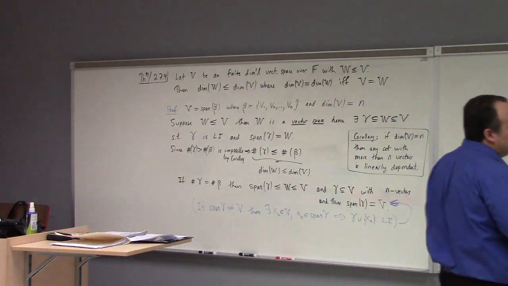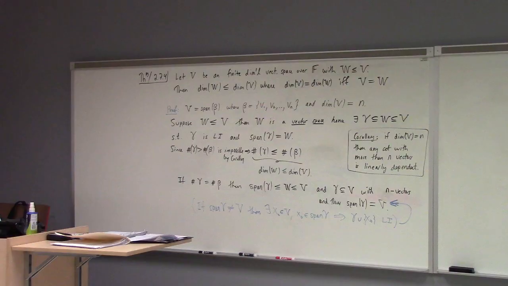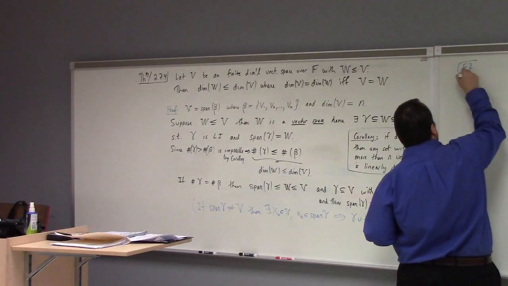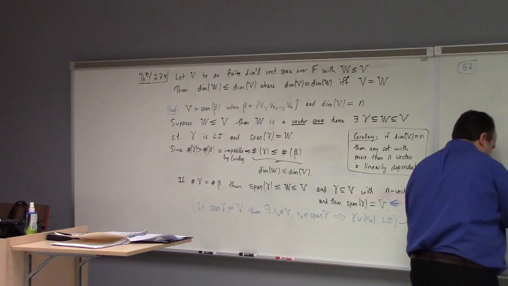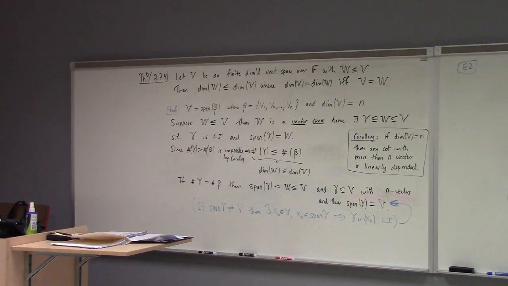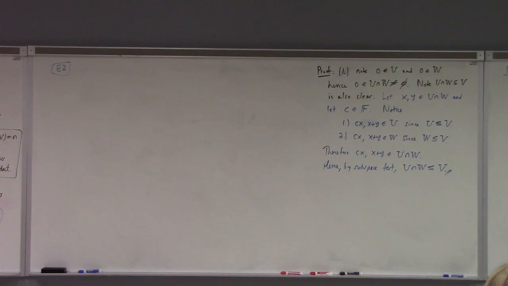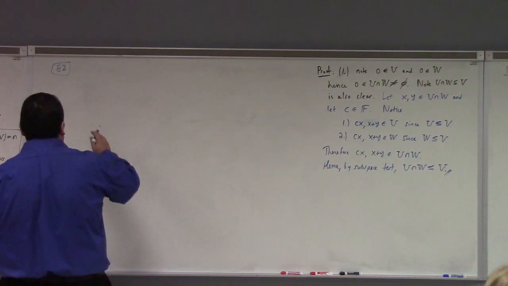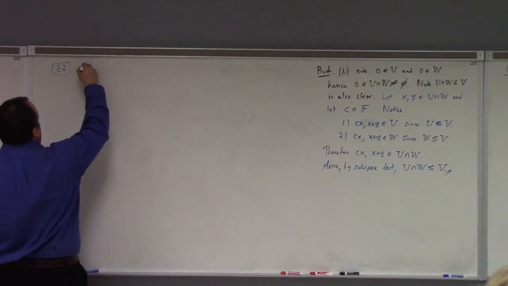So, example 2. What if you wanted to find a basis for, how do you understand intersections and sums and things, right? So calculationally, let's look at an example.